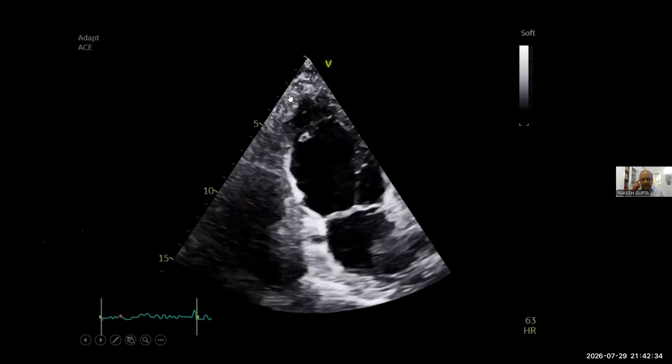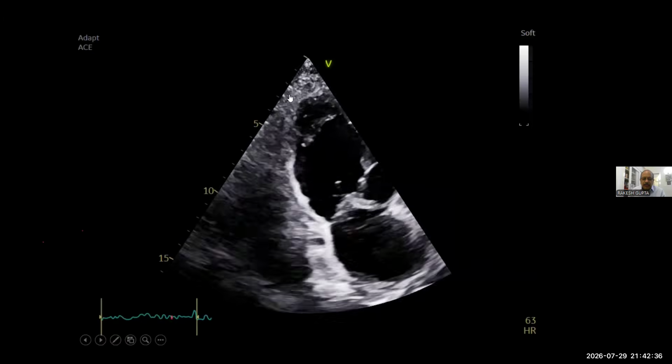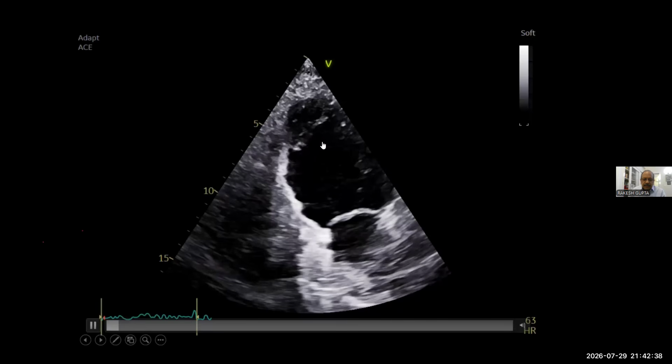Now look at this example. This is which view? The lateral wall is over here. This is mid and basal septum, which is thinned out, hyperechoic, and is scarred. See it again.